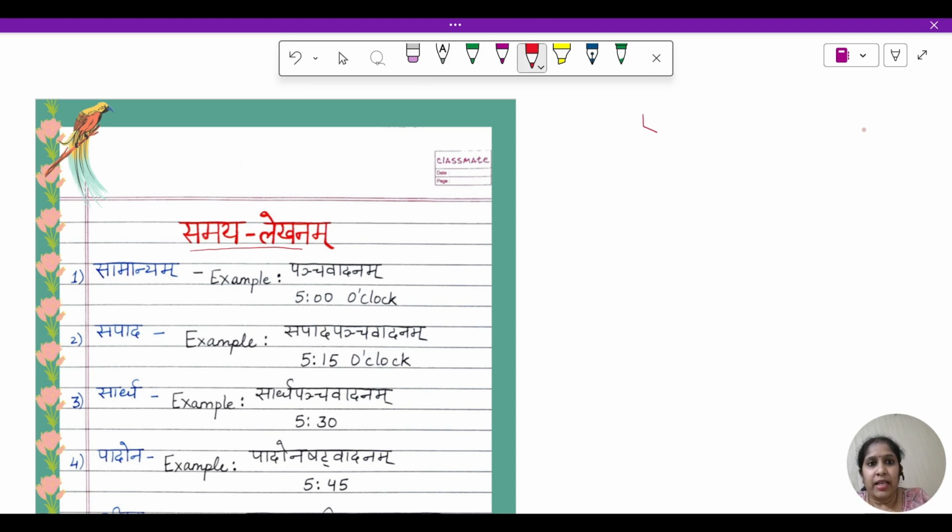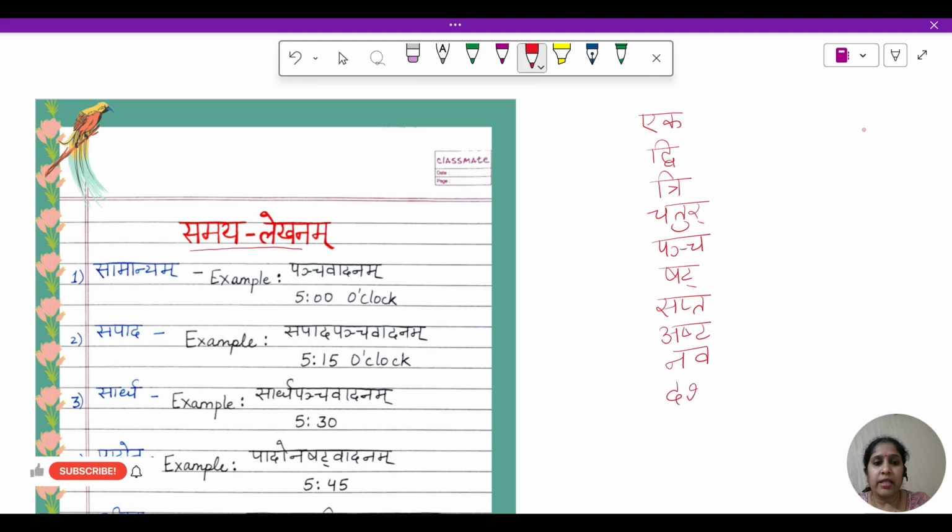So 1 we say as Ek, 2 we say as Dvi, 3 we say as Tri, 4 we say as Chatur, 5 we say as Panch, 6 we say as Shat, 7 we say as Sapt, 8 we say as Asht, 9 we say as Nav, 10 we say as Dash, 11 we say as Ekadash, and 12 we say as Dwadash.